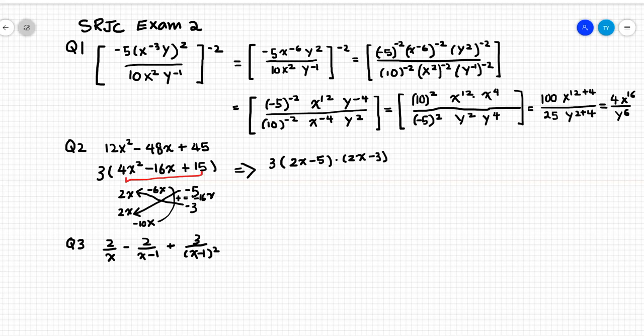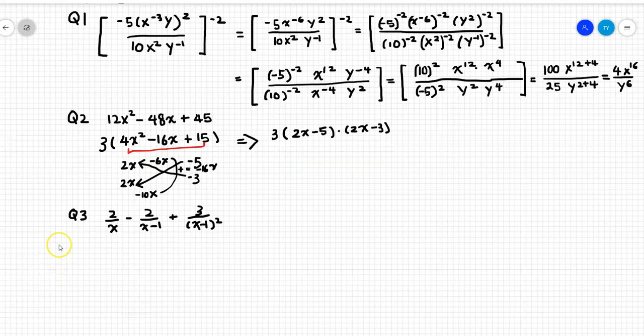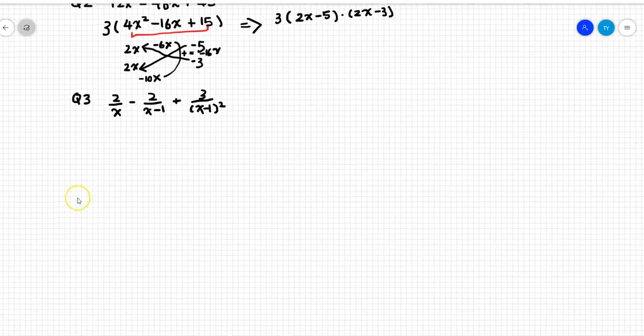So in order to simplify the rational expressions, we need to come up with a common denominator, right? So we can make everything the same denominator. So it seems like you have x minus 1 already because it belongs to the (x minus 1) squared. So this is going to be x minus 1 times x minus 1.